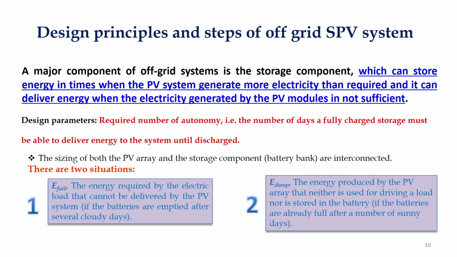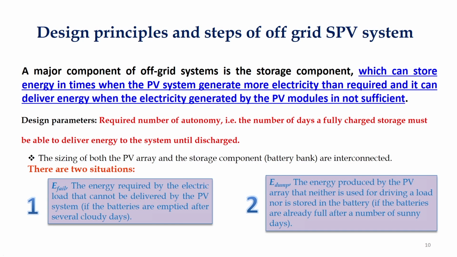And the second situation is E dump, that means the energy produced by the PV array that neither is used for driving a load nor is stored in the battery. What is the situation? If the batteries are already full after a number of sunny days.